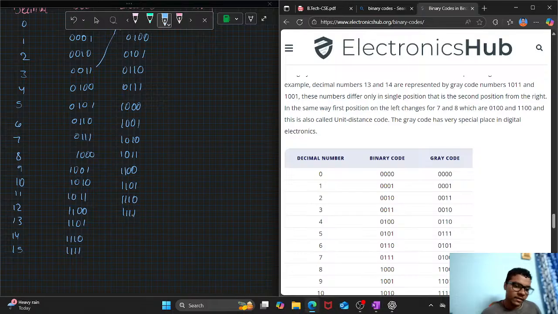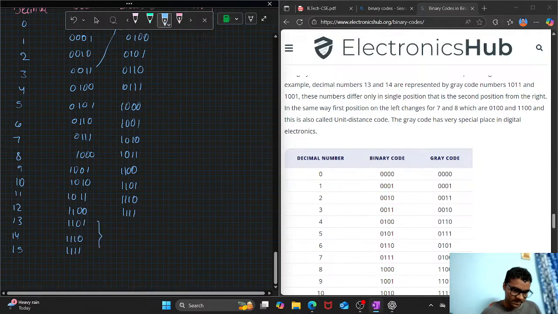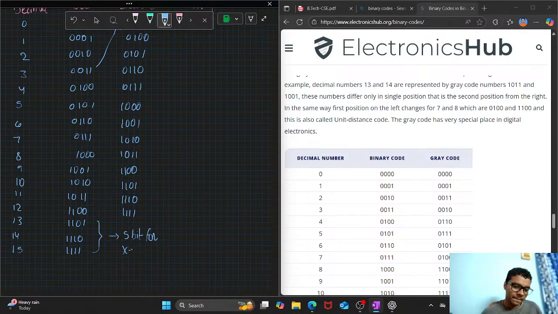Okay, and for excess 3, you have to go to 5 bits, because you have reached the end here.